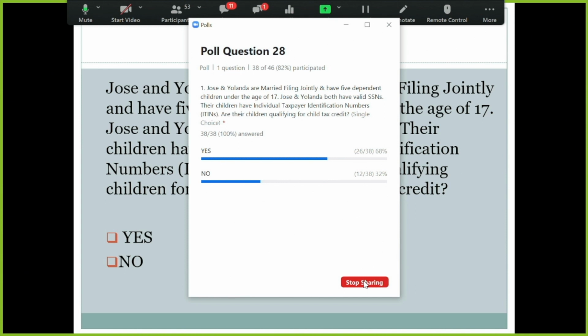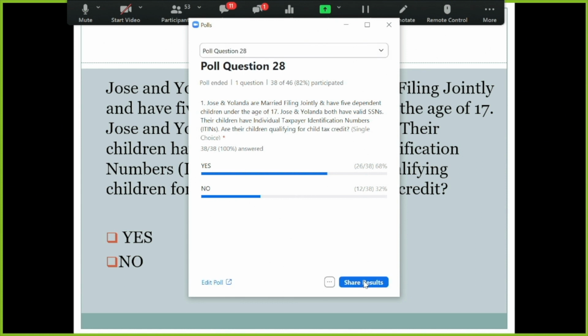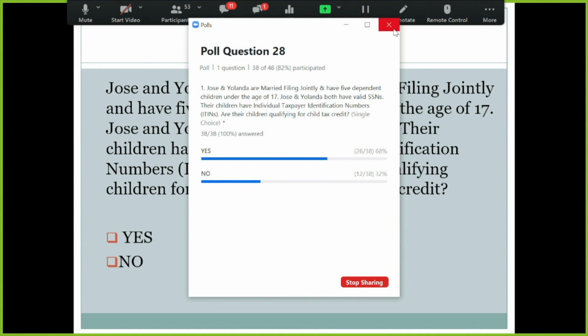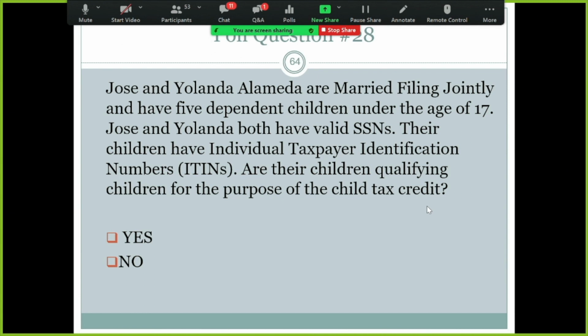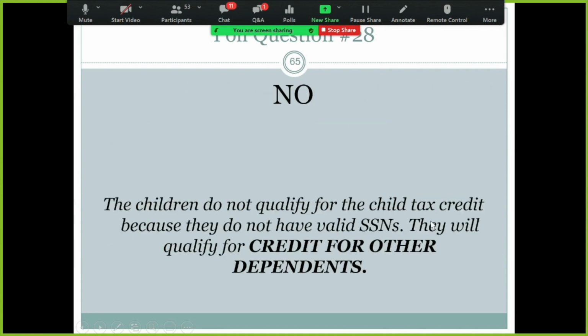However, they will qualify for the credit for other dependents. Okay, there are the answers.